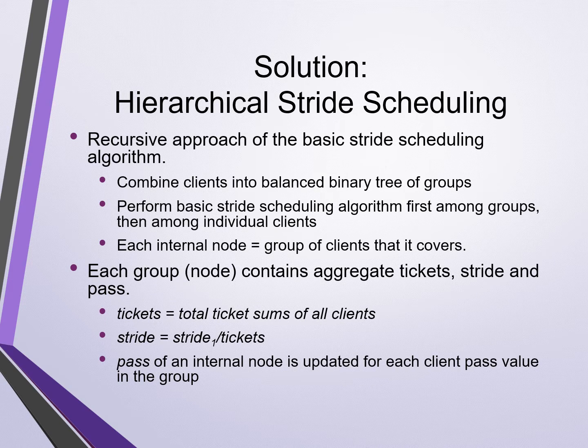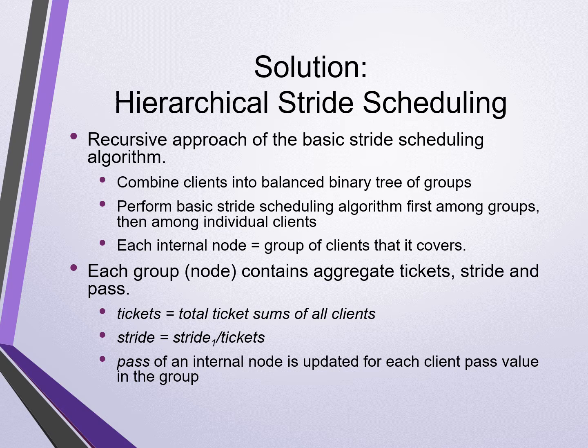So a solution Waldspurger describes is hierarchical stride scheduling, which is essentially a recursive application of the basic stride scheduling algorithm. Individual clients are combined into groups with larger aggregate ticket allocations and correspondingly smaller strides.